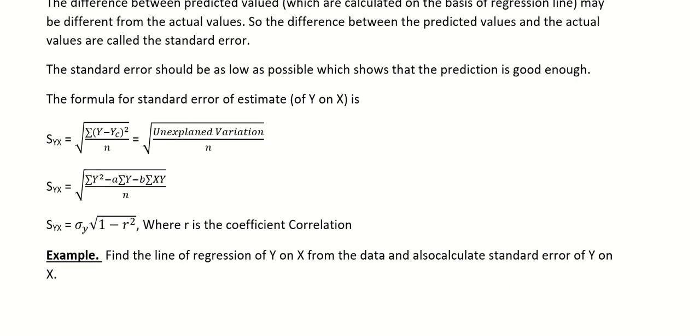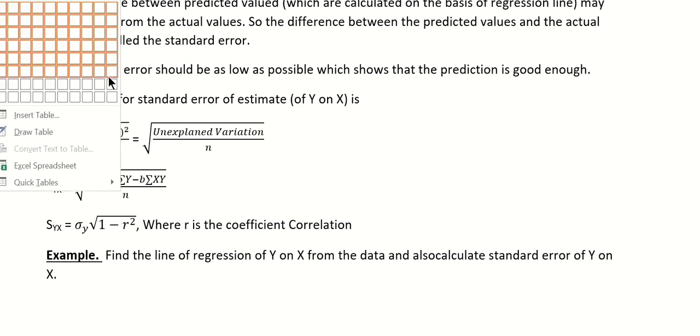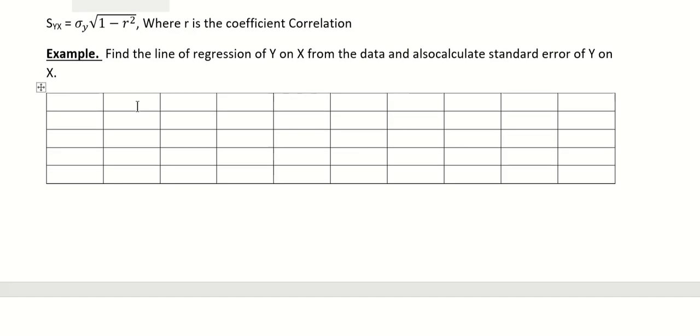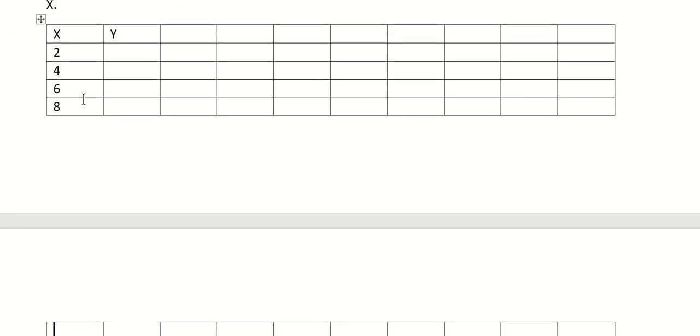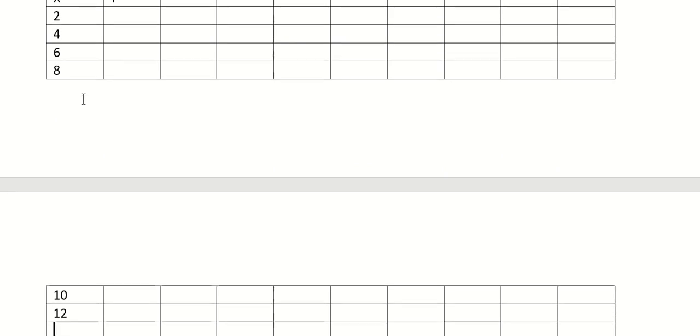So this is x and y. So x is 2, 4, 6, 8, 10, 12, 14, and summation of x is 56.